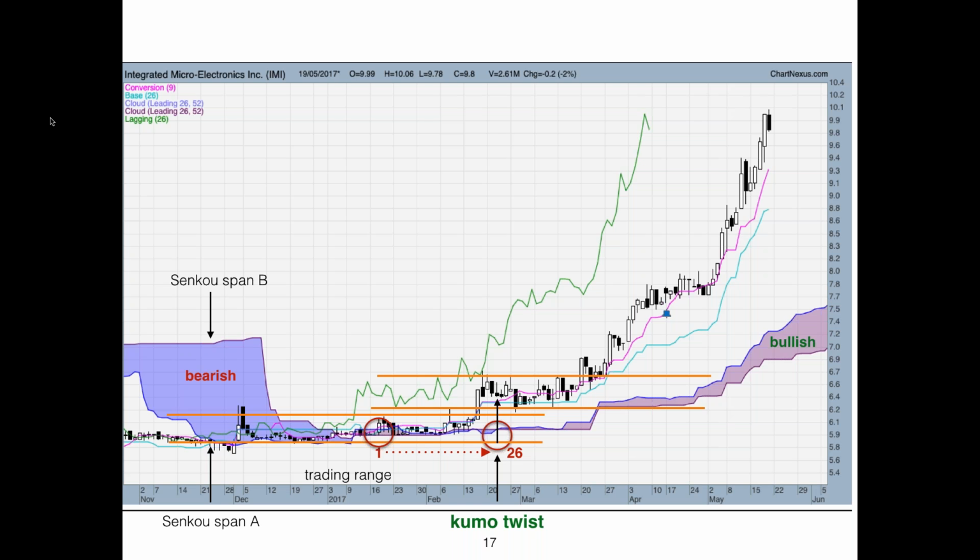So the Kumo is now bullish because the Senkou span A was above the Senkou span B. So this was the new trading range after the Chikou span broke above its range.